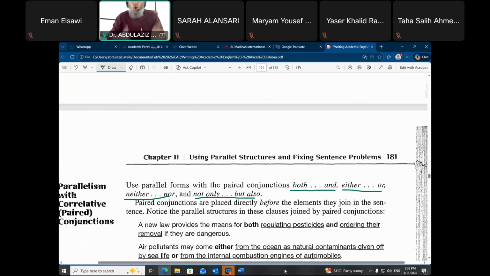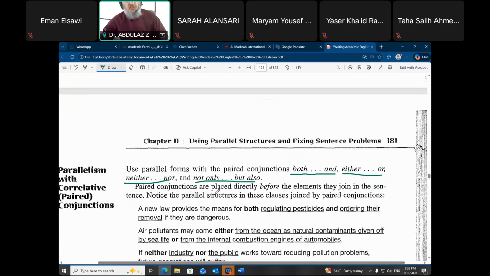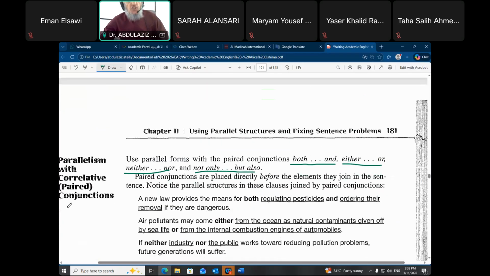Either something or something. Neither something nor something. Not only something, but also something. They're called paired conjunctions, correlative conjunctions. Also, they call them paired conjunctions.